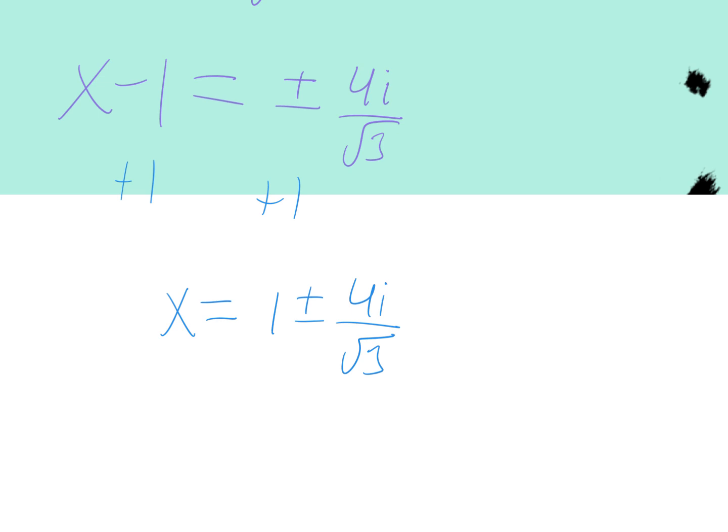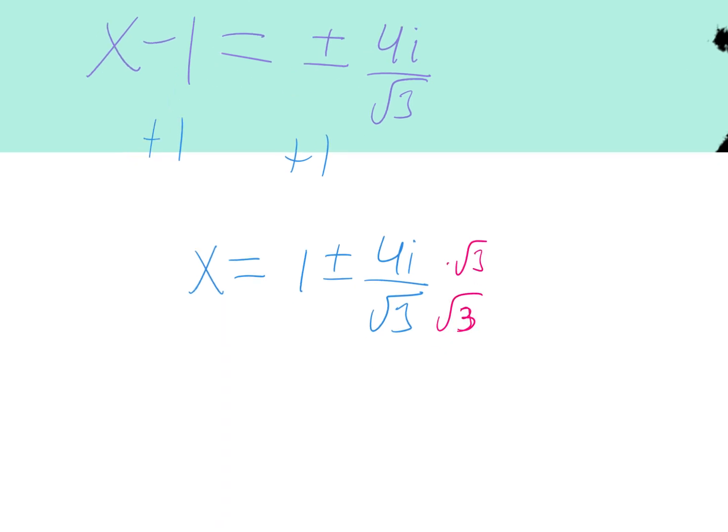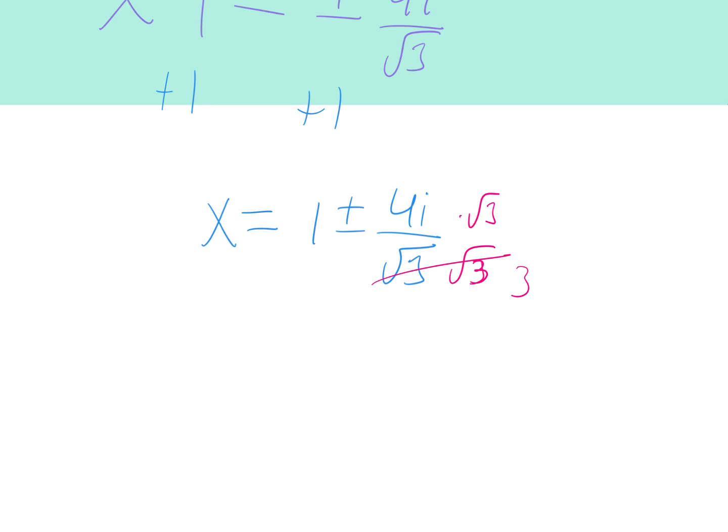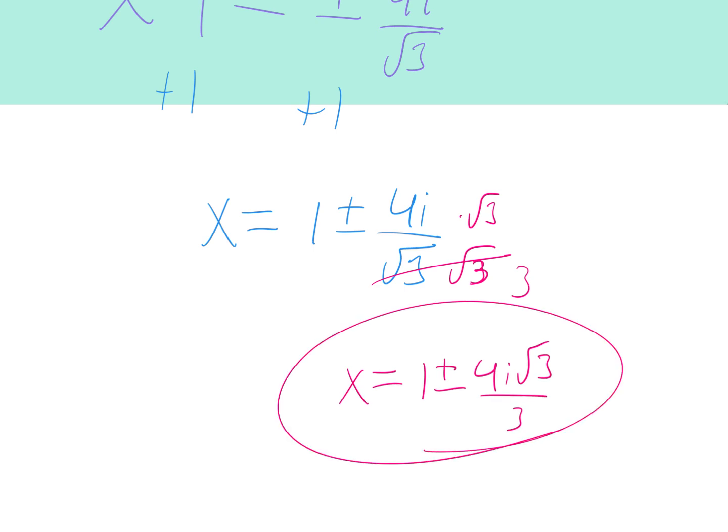To rationalize it, you multiply the top and the bottom by that radical. So square root of 3 times square root of 3 just becomes 3. And on the top, 4i times the square root of 3, you just leave that alone. So we get x equals 1 plus or minus 4i square root of 3 over 3. And that should be your answer.